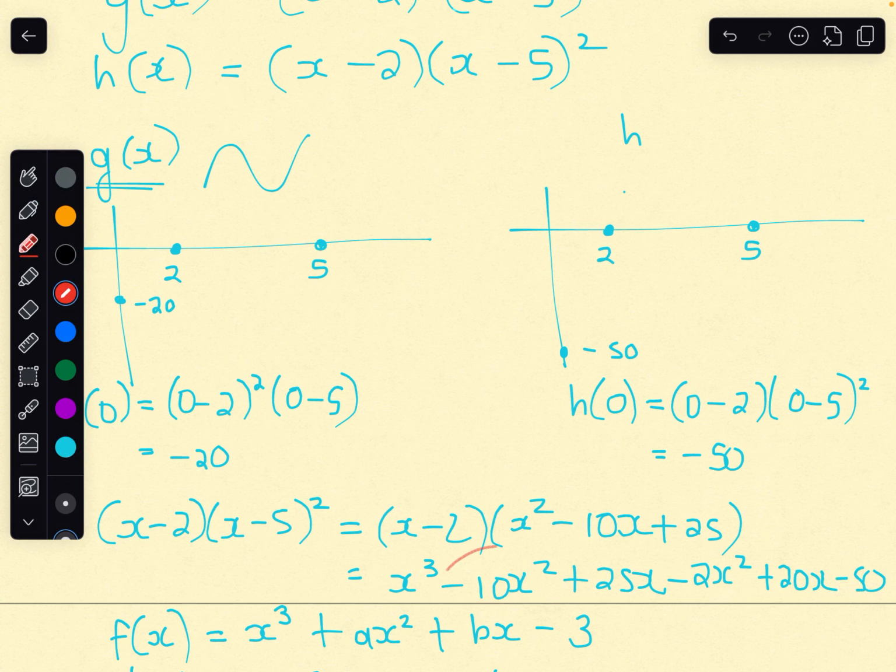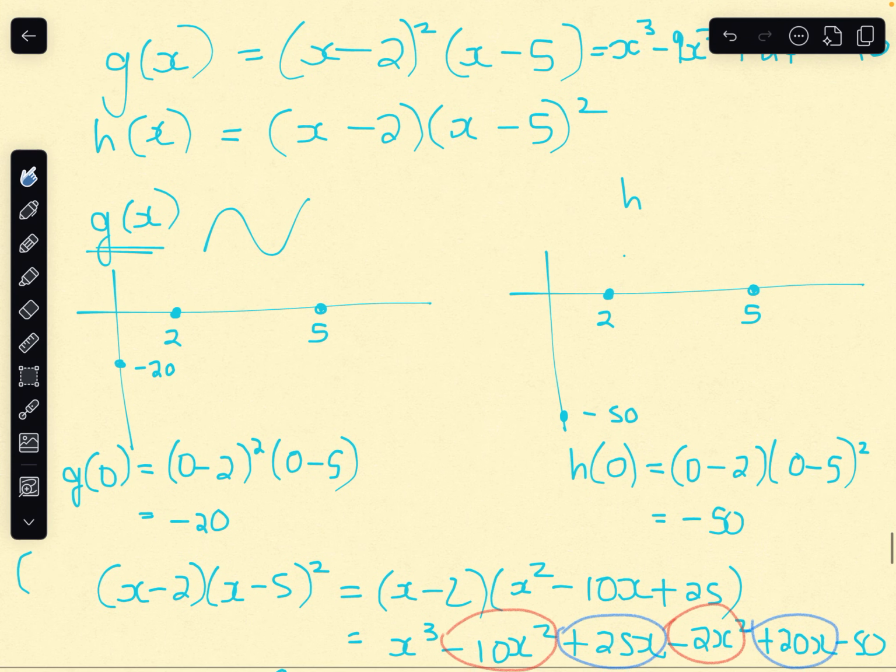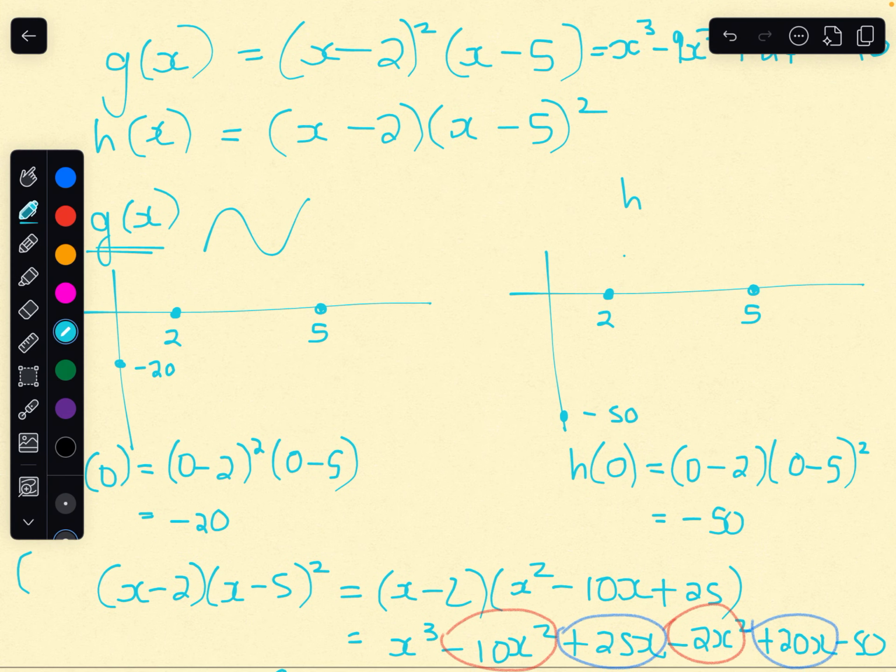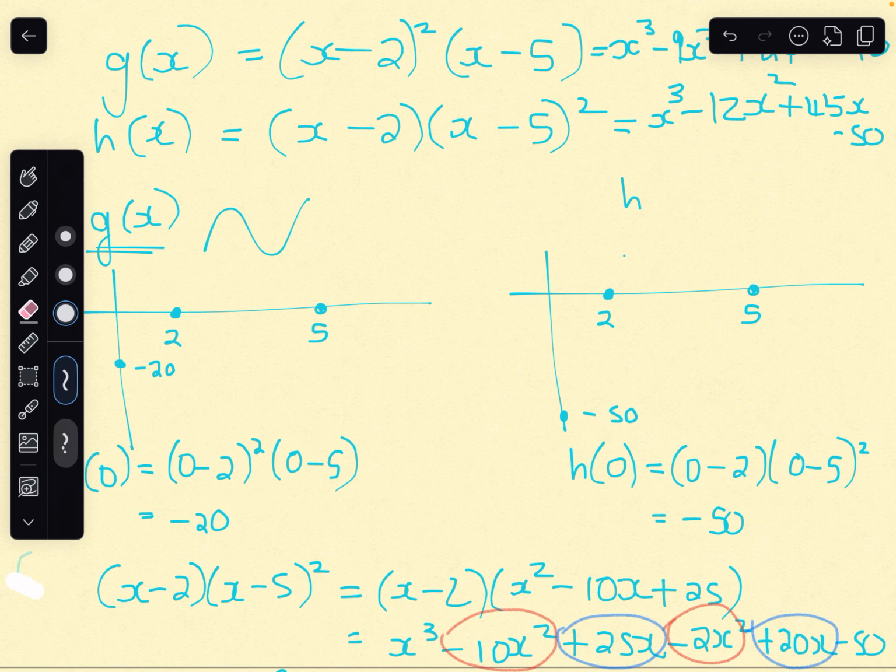So now, quadratic terms, and then linear terms. If we add those together, we get x cubed minus 12x squared plus 45x minus 50.